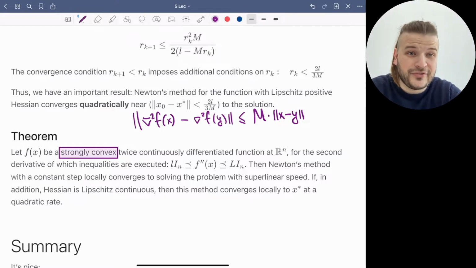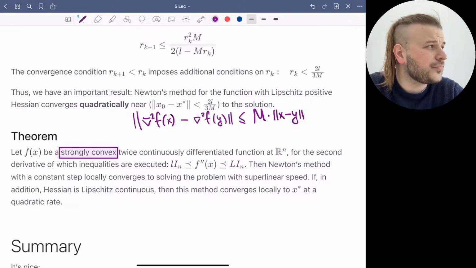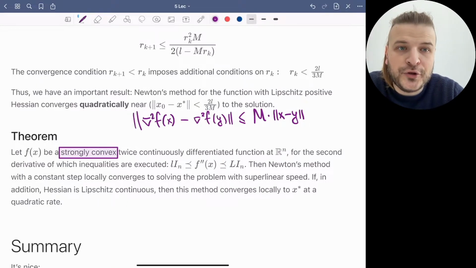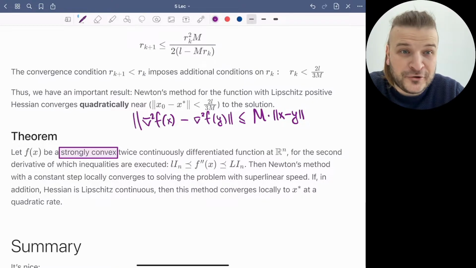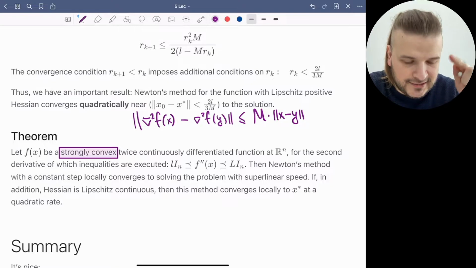That actually means that your Hessian cannot change rapidly or instantly, right?